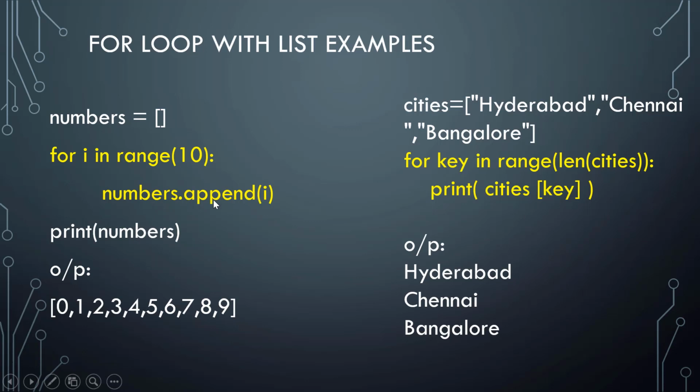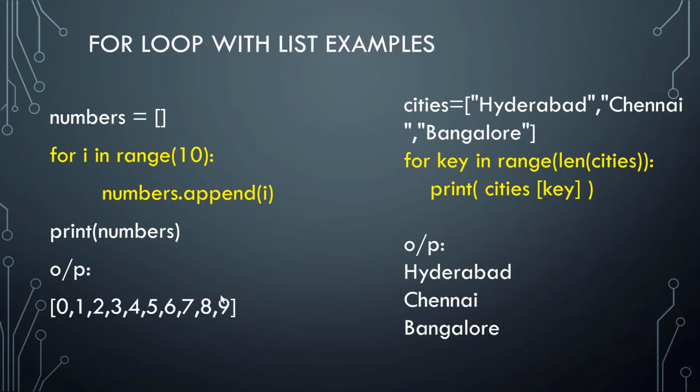What is the i value initially? 0. 0 will be appended. Then it will go to the next numbers 1, 2, 3, 4 up to 9. Finally, I'm printing numbers. So you'll get output like this. So what are we doing here? We are creating a list and we keep on adding elements to the list with the help of range with a for loop. So this is another way to do it. Okay. Yeah. So let's see this example.